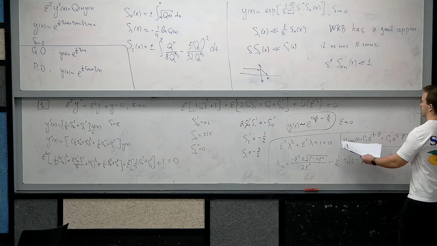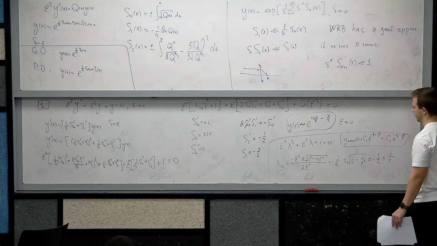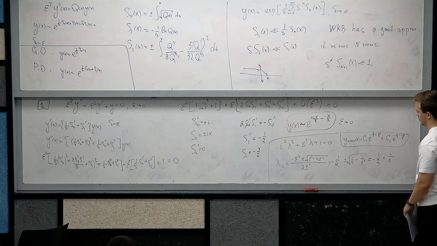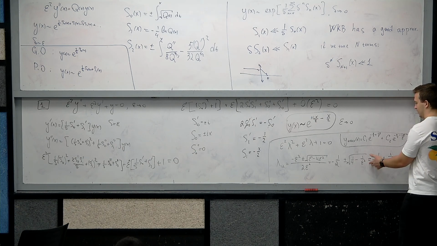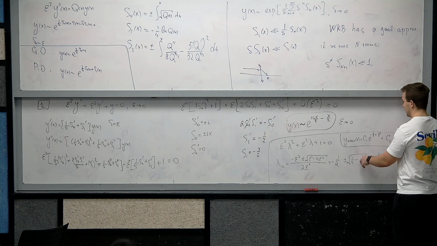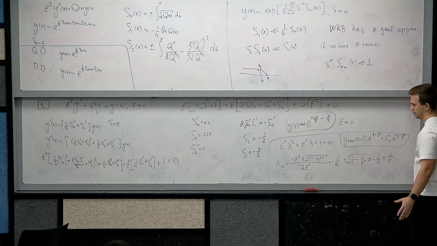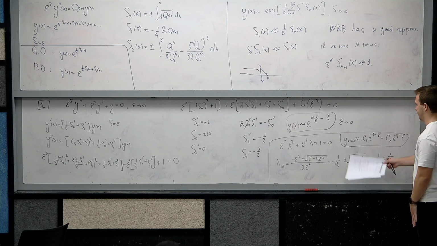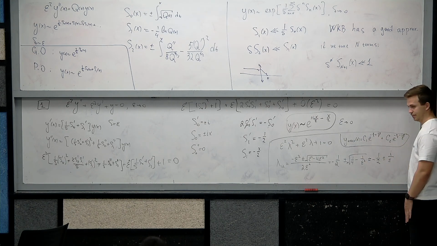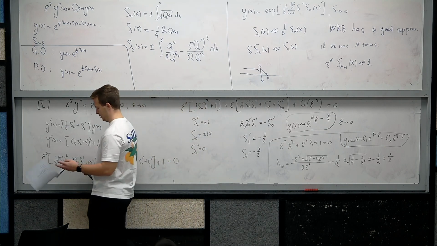So I got the same one using the WKB approach. Again, because here I wrote it approximately, we can get more terms here to match it with this one, but at order of epsilon we have the same result, which is great.